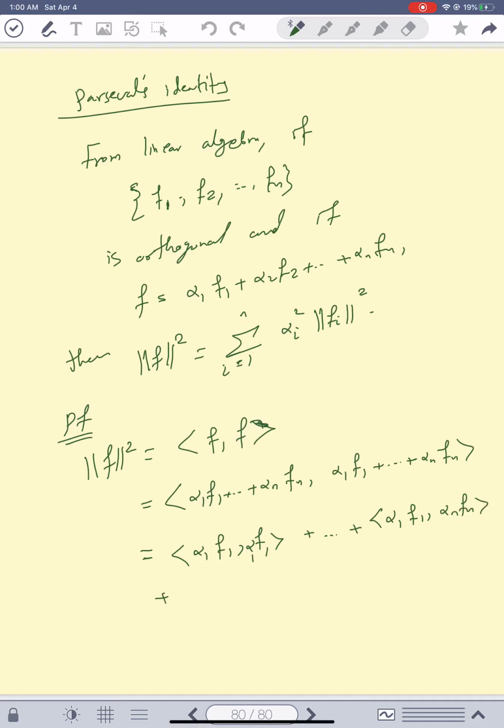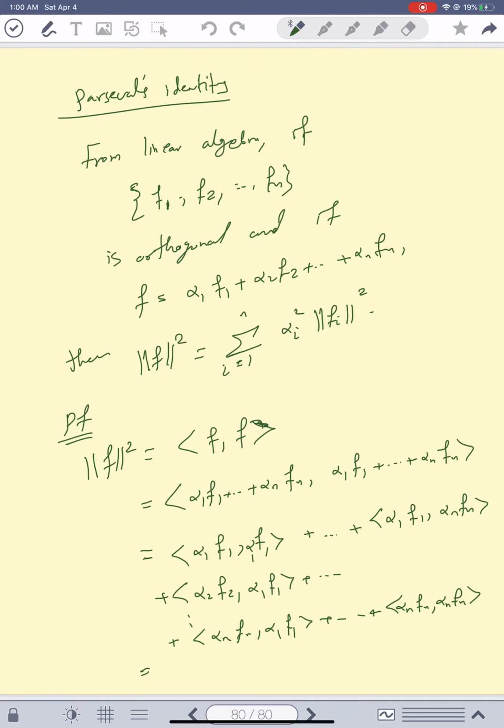You do this for all the functions, like you are distributing parentheses. The next one, for example, will be alpha 2 f2 multiplied with all other functions, and so on, up to alpha n fn with alpha n fn.